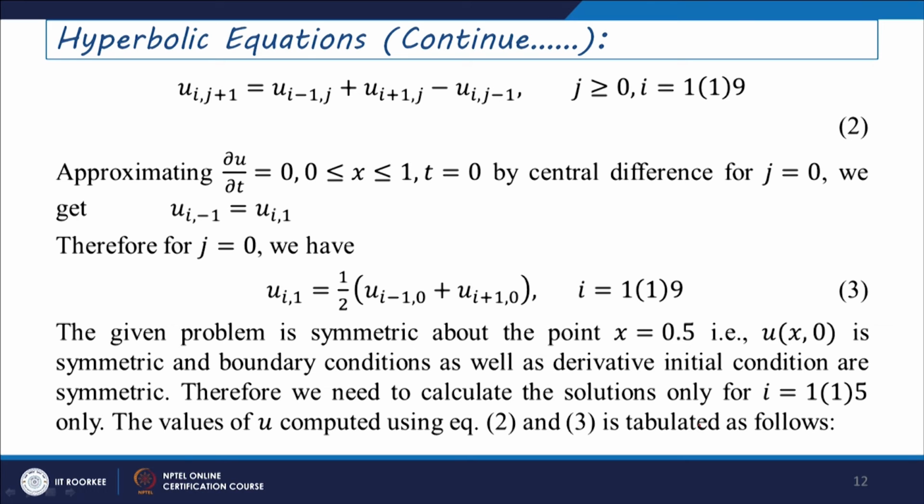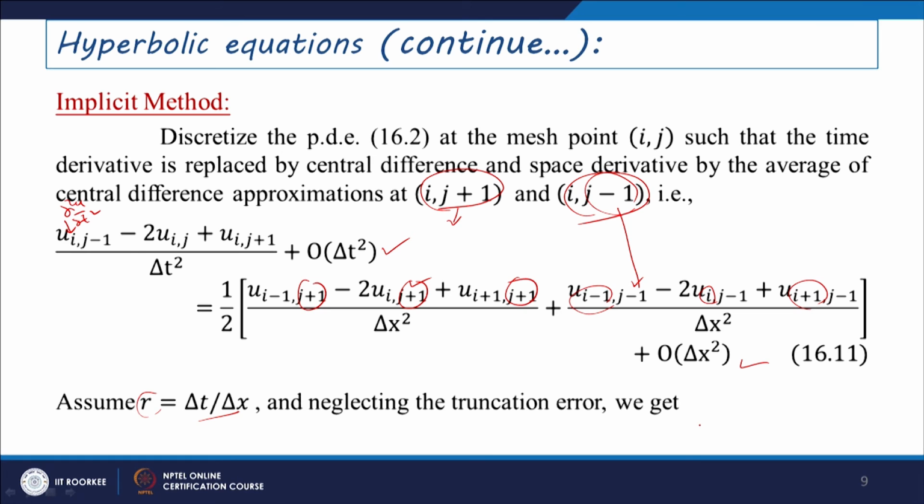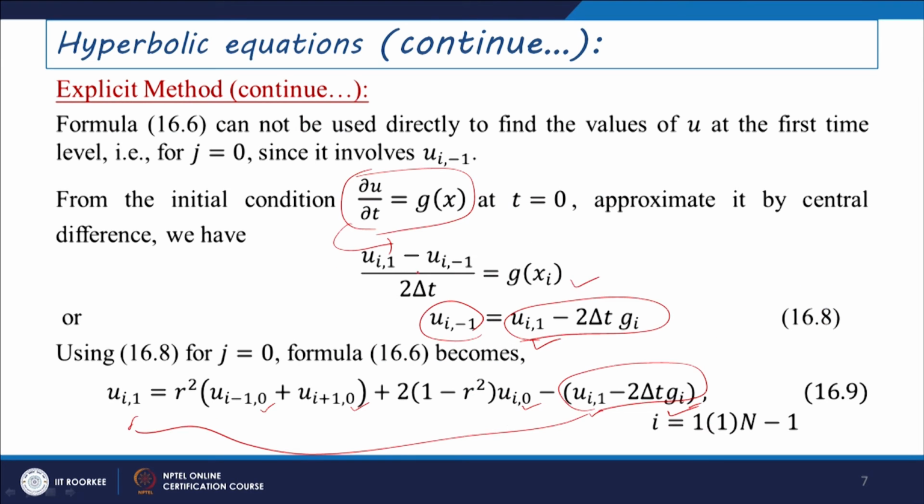And if we approximate the derivative del u by del t equals 0, where x lies between 0 and 1, t equals 0, by central difference approximation for j equals 0, we can obtain del u by del t written as u i, 1 minus u i, minus 1 by 2 del t equals g of x i, and u i, minus 1 is defined as u i, 1 minus 2 del t into g i.